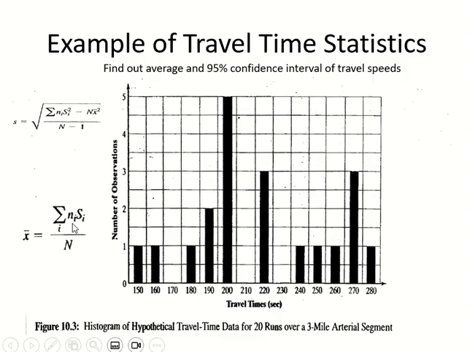Capital N is the summation of small n. So you get the small n for every bar, which is the number on the y-axis: 1 plus 1 plus 1 plus 2 plus 5 plus 3 plus 1, 1, 1, 3 again, then 1. If you add the y-axis values for all these bars, you will get the capital N.